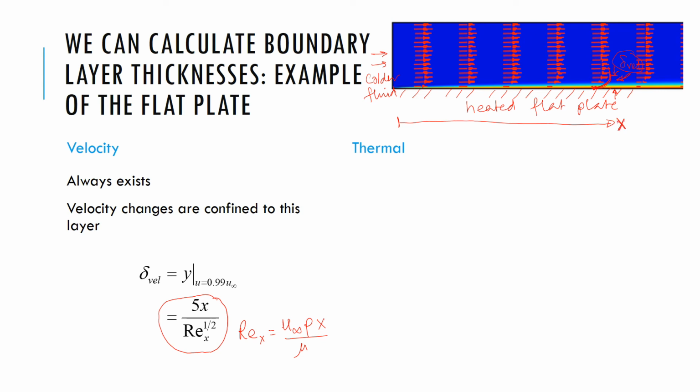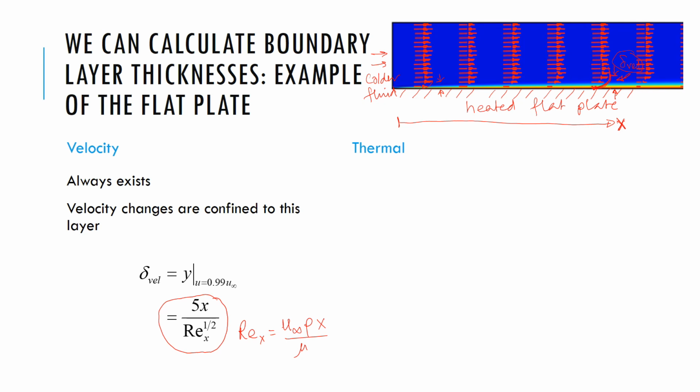If you look at here, the velocity goes to the maximum over a thinner region. It's basically that the viscous effects have not reached that far because the flow has just started. So then I can calculate this velocity boundary layer thickness.